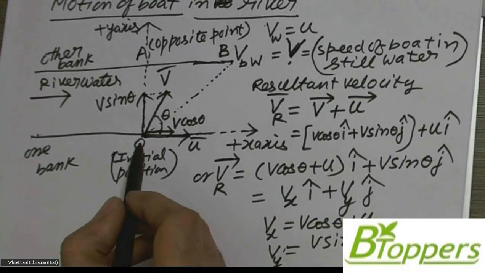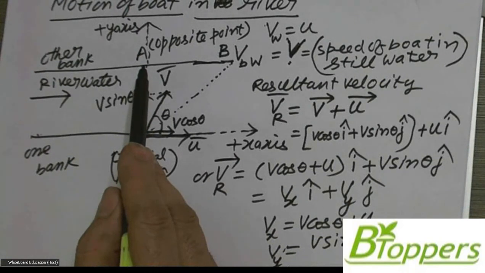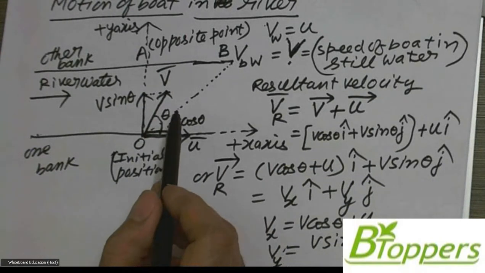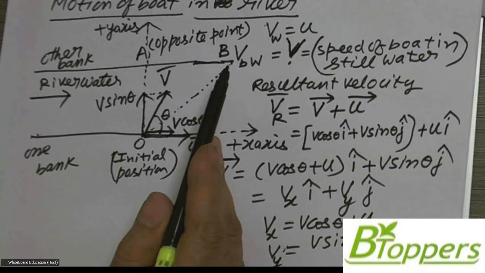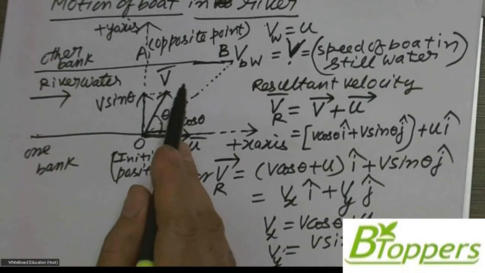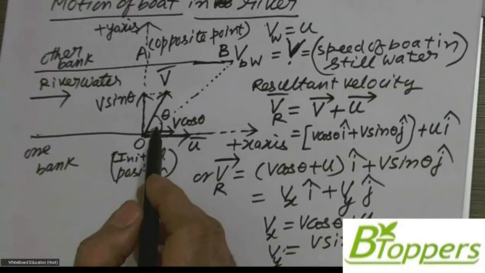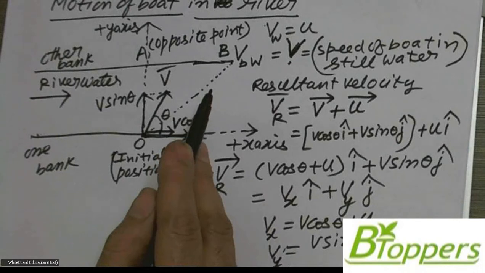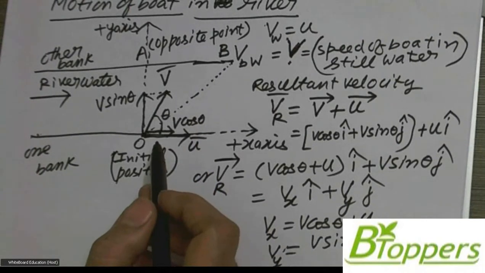So here O is the initial position of the boat on one bank of the river, and A is the exactly opposite point on the other bank of the river. The boat moves along the line OB, in the direction of the resultant of V bar and U bar. That means the line OB represents the actual path along which the boat crosses the river, as seen by a stationary observer on one of the banks.